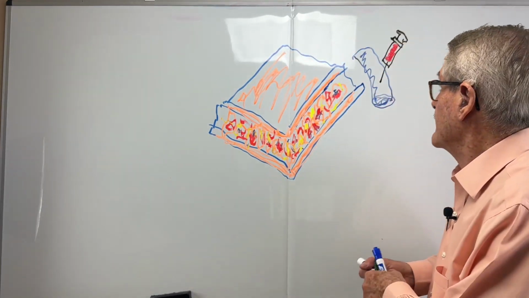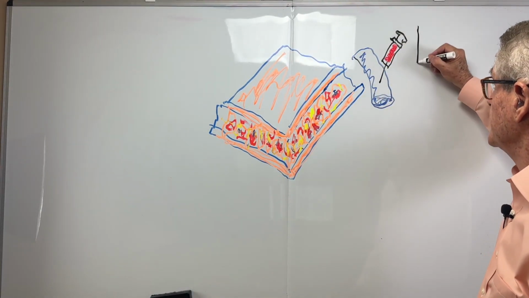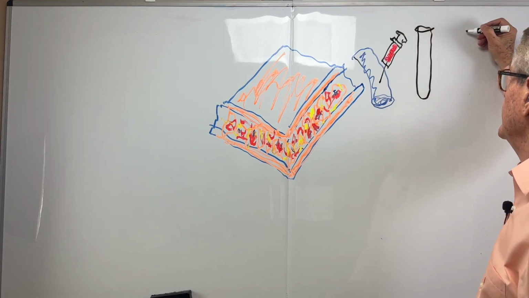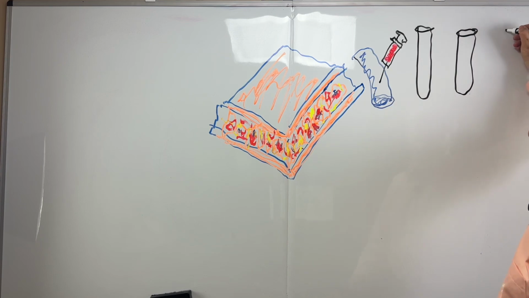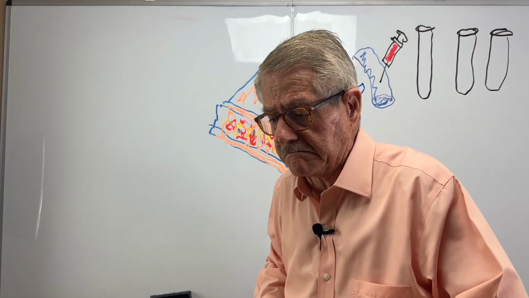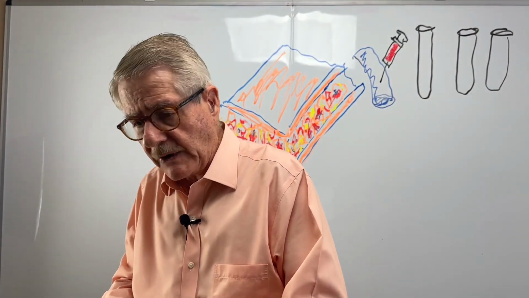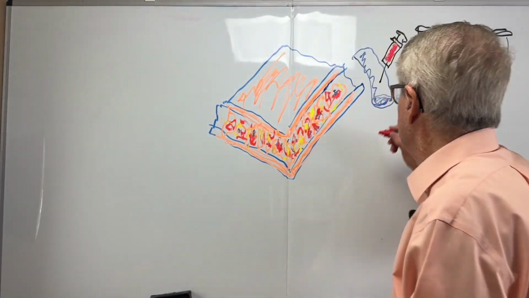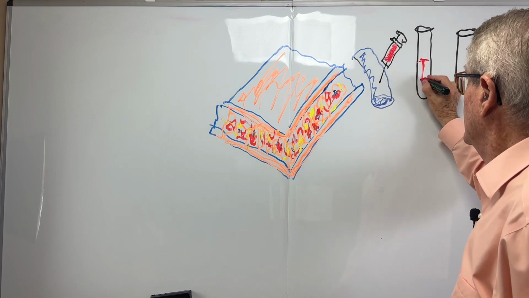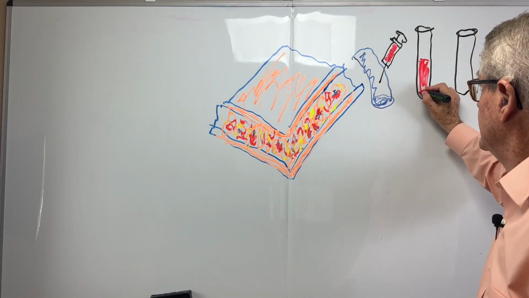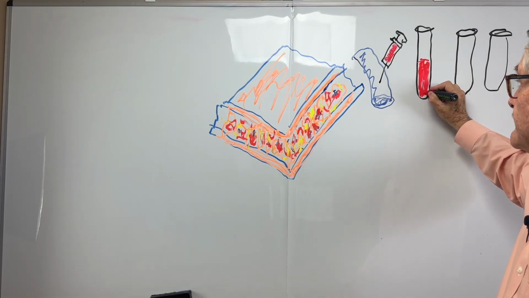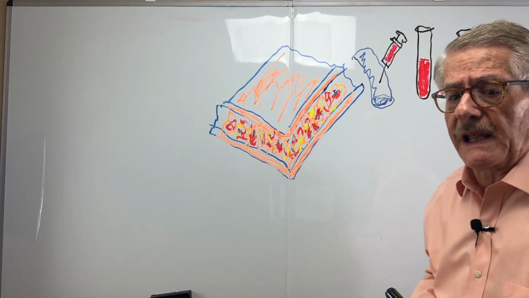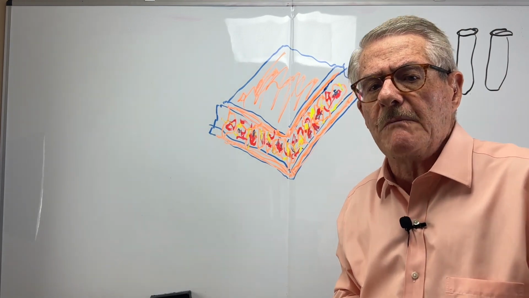Let's place right away the tubes that we will use: 1 and 2 and 3. Okay, if we have anticoagulated blood and we place it in one of these tubes, we notice that it just is a single color, red, and the red color depends on the heme groups of the hemoglobin.